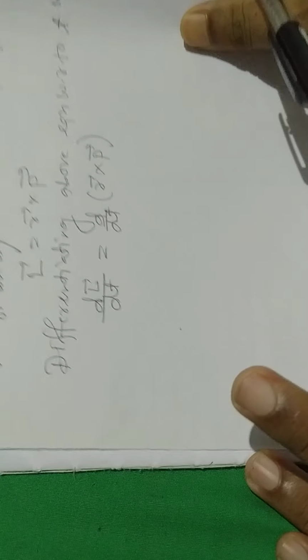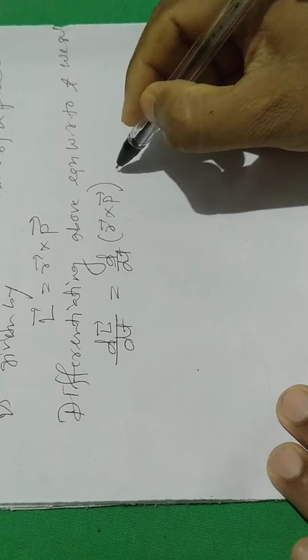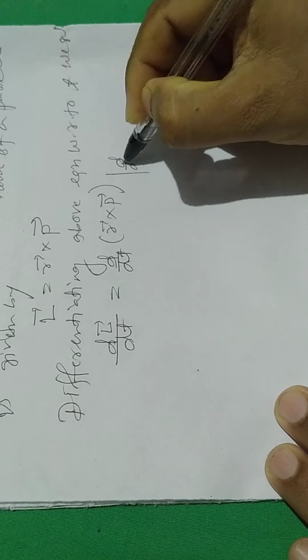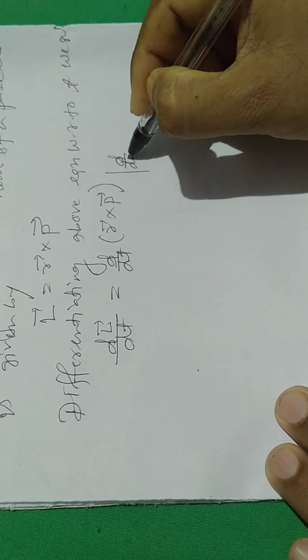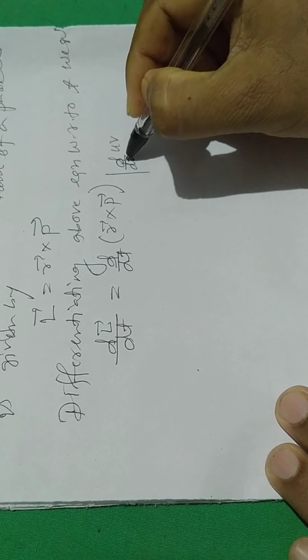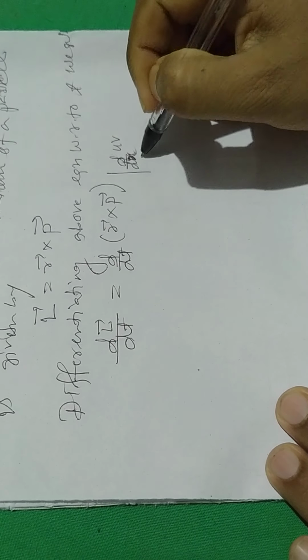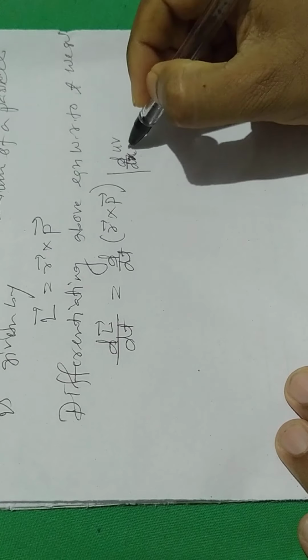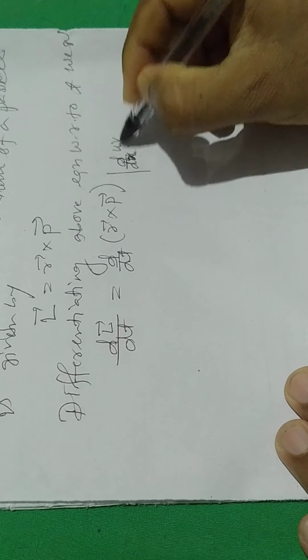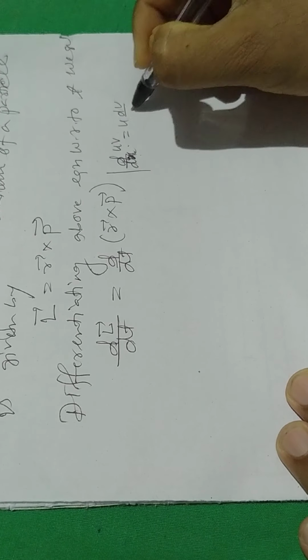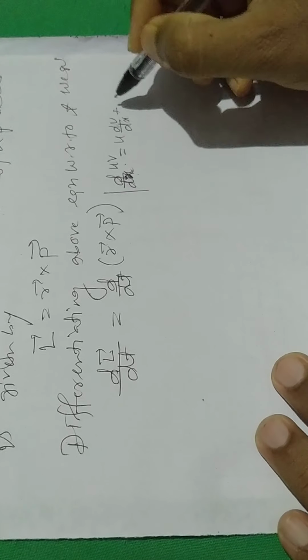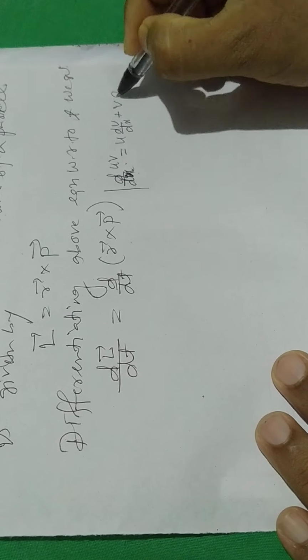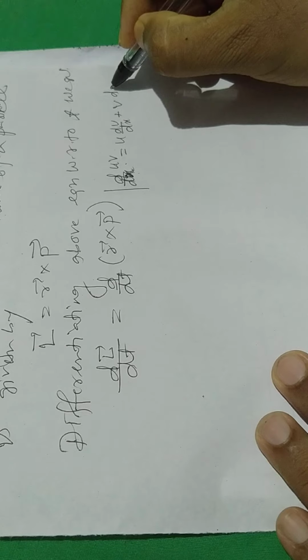Now this is a product of two functions, and the formula is: if u and v are two functions, then differentiating with respect to x, keep the first function and differentiate the second one, plus keep the second function and differentiate the first one.